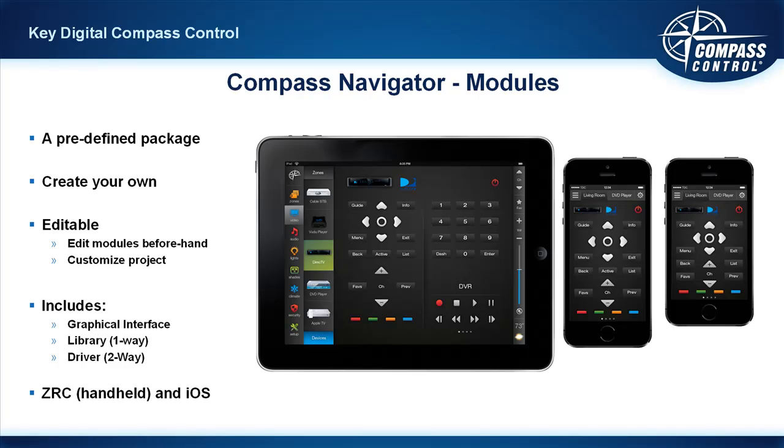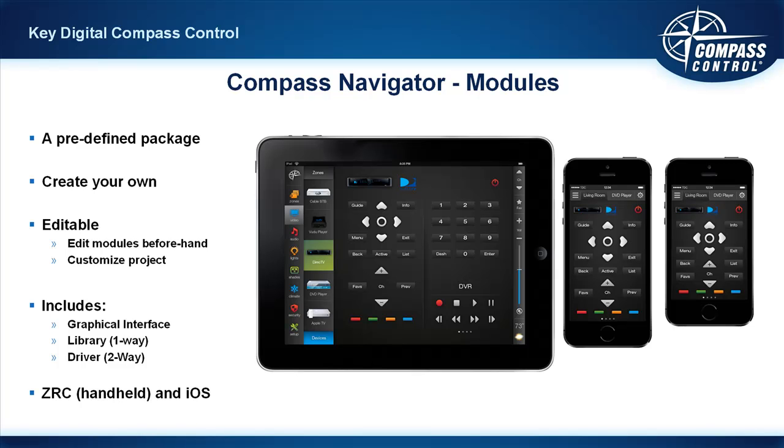And a module applies to all of the iOS devices. So there's actually 3 aspect ratios. iPad is 1 aspect ratio, iPhone/iPod 4 and iPhone/iPod 5 are the 2nd and 3rd aspect ratios. And then there's yet another type of module, which is ZRC, Zigbee Remote Control, our handheld, okay? And the handheld operates off of basic one-way libraries or off of modules.